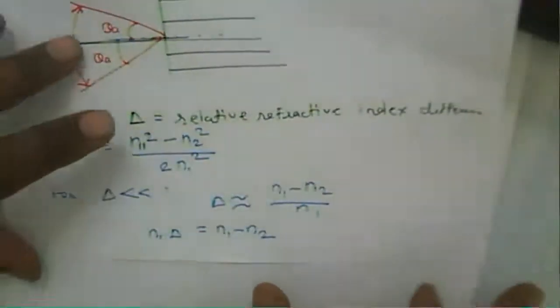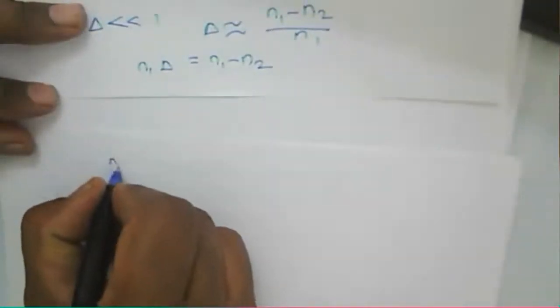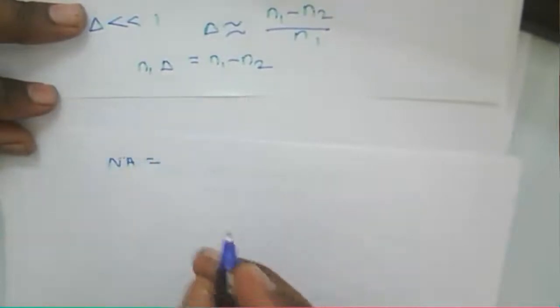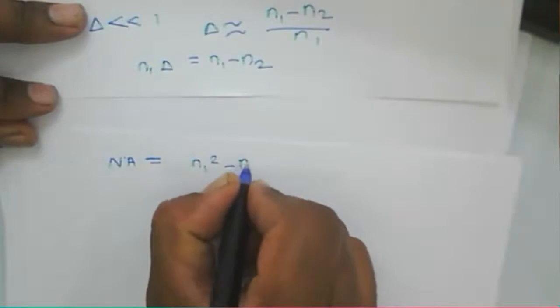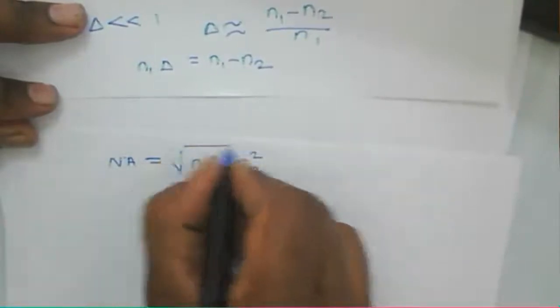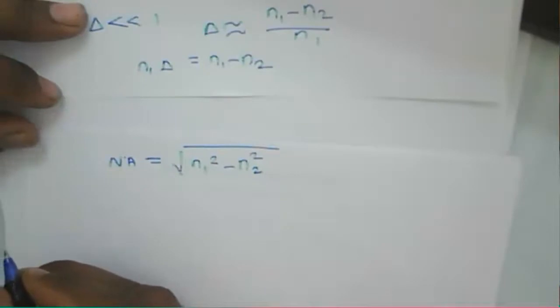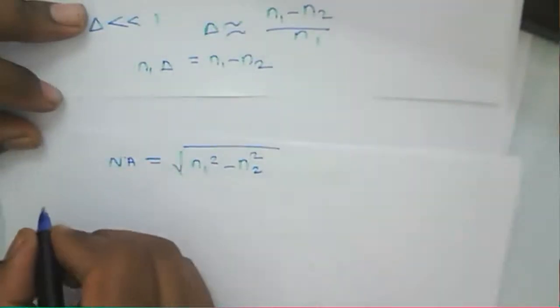If this difference is very much less than 1, then del can be approximated as n1 minus n2 divided by n1. In that case, n1 times del is equal to n1 minus n2.